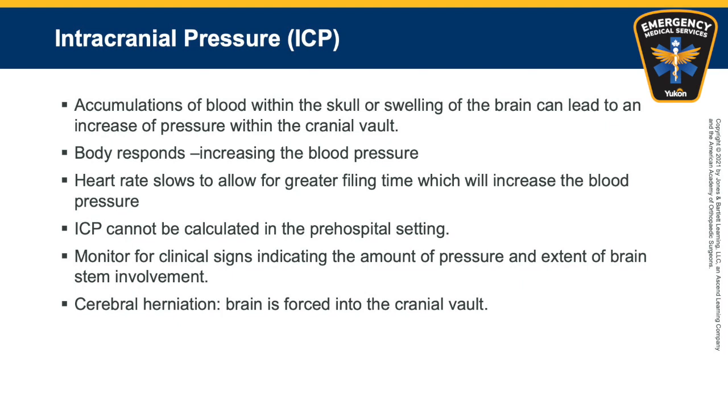And this is where people will present with an altered level of consciousness. You will see a slowing of the heart rate and a widening of the person's blood pressure. It's important for us to recognize this is happening. There's very little that we can do about it at the EMR level. It's a recognition thing.